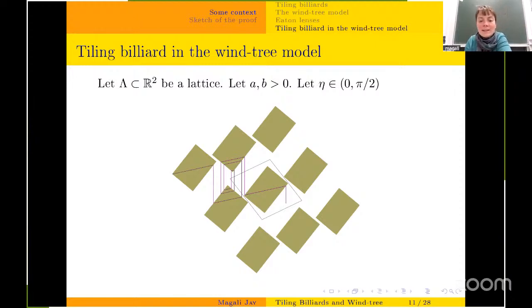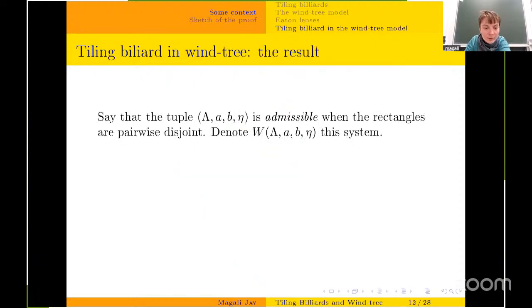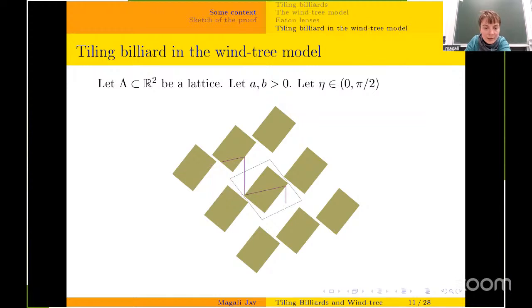So you can see that we have some part of the behavior reminding us of the Eaton lenses, because if I come back here, so this part of the slit, the trajectory is turning around the corner as the light was turning around the center of the sphere for the Eaton lenses.